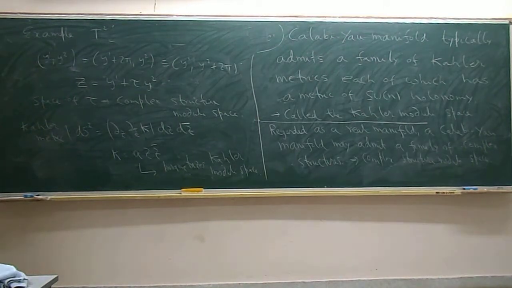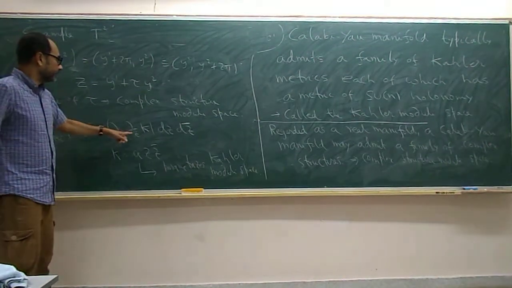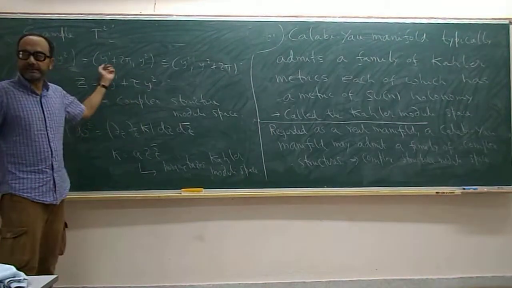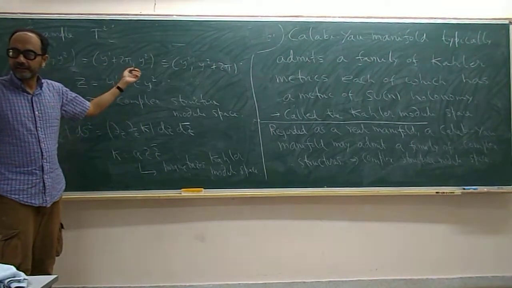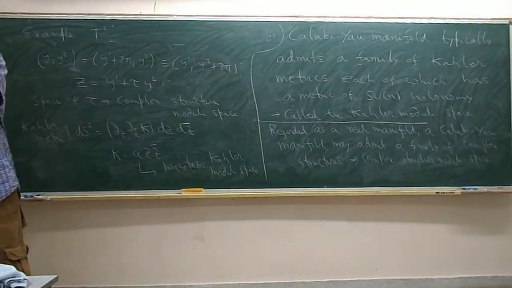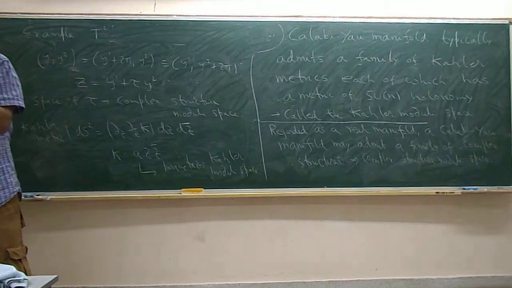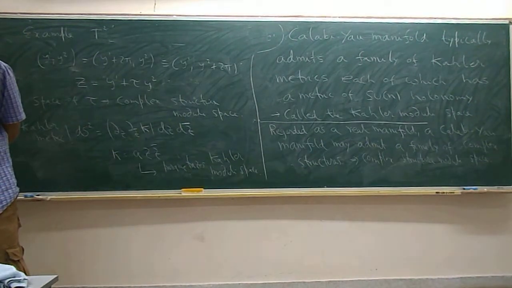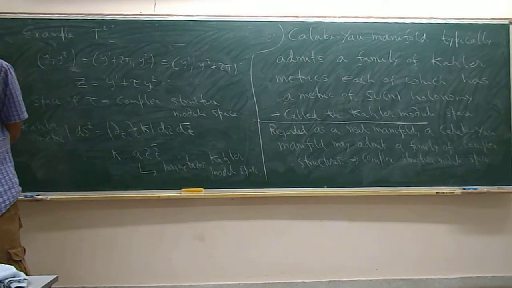But those scalings are not allowed here, because if you scale z, then the periodicity will change. So it's not true that for a compact space you can just scale it away. Even for a sphere, a sphere of radius r is different from a sphere of radius 2r. Topologically they are the same, of course, but as metric spaces they are different.